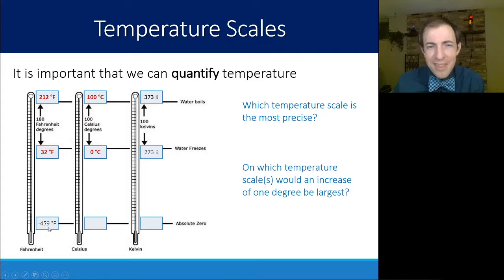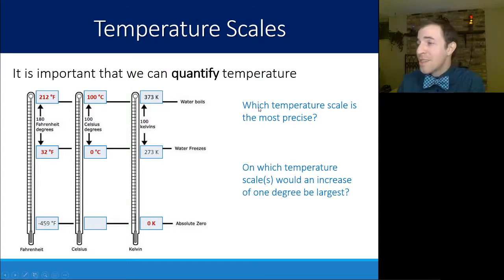You might also notice that there's another temperature located on these scales, and that is labeled absolute zero. There is a coldest possible temperature, and absolute zero gives us our third temperature scale, known as Kelvin. Kelvin is defined based on this coldest possible temperature. 0 Kelvin is absolute zero. You can never get colder than that.